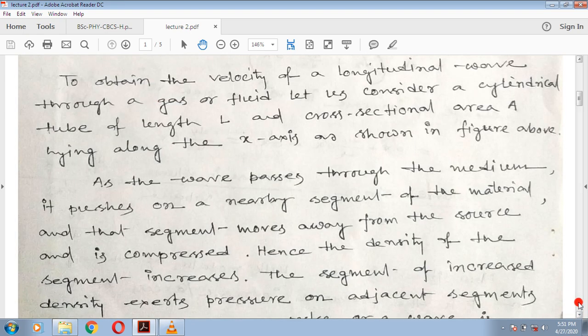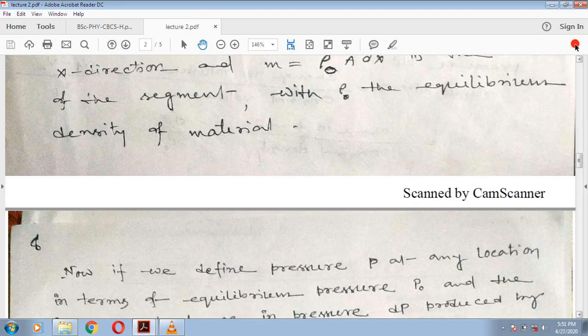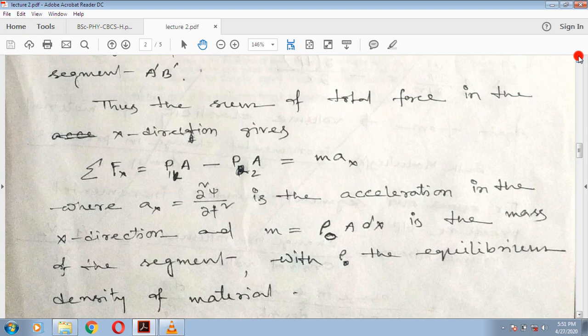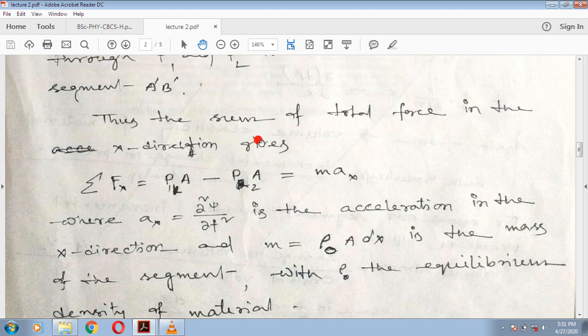So if we consider the total force on the segment, which is equal to P1A minus P2A, this must be equal to mass times acceleration of the segment according to Newton's second law, where Ax is the acceleration of the segment in x direction, and here mass is expressed in terms of rho naught A delta x.